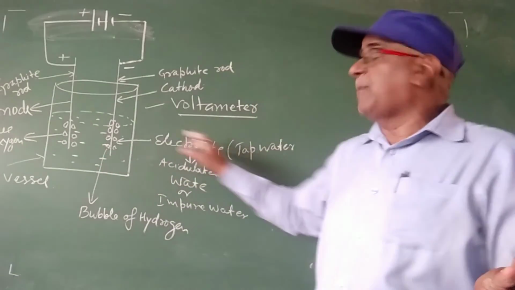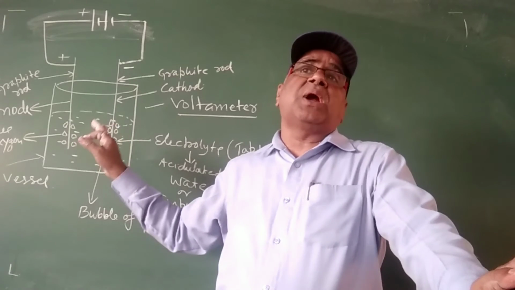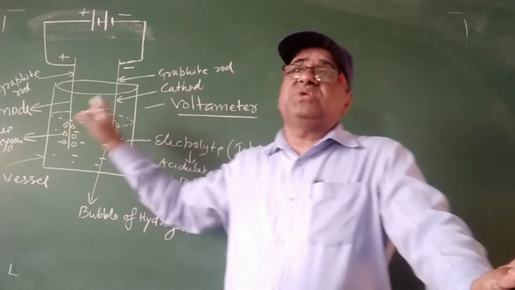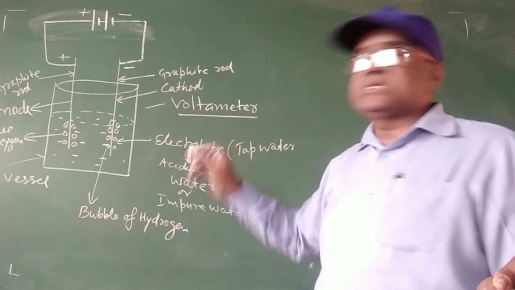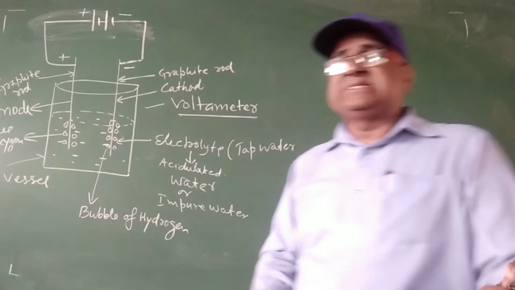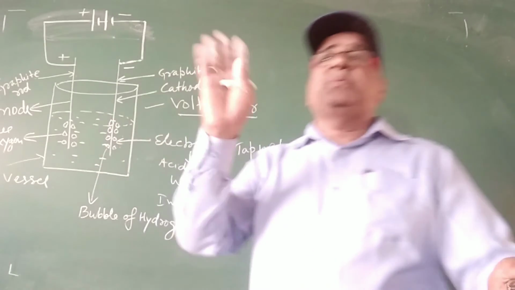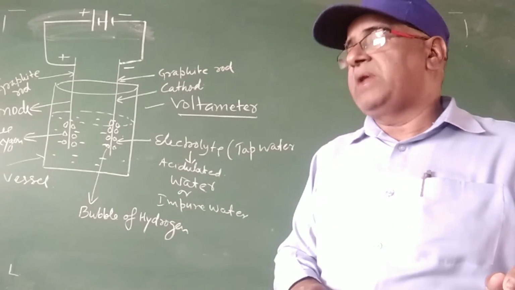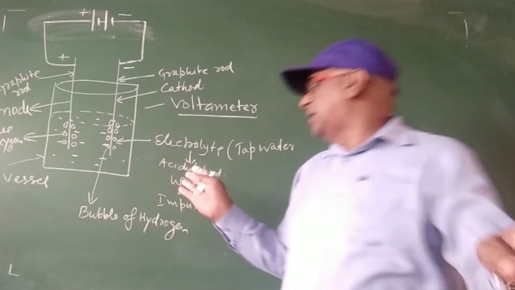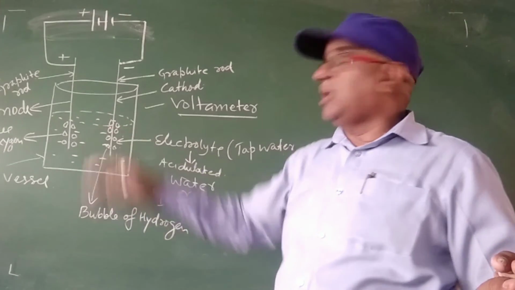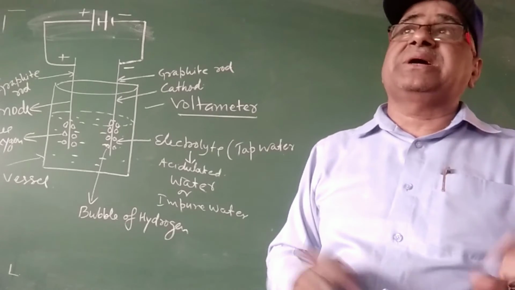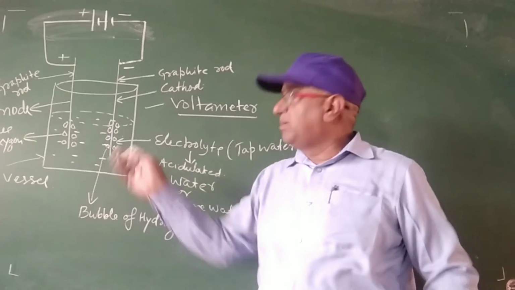Either it is tap water, impure water, which has impurities, or you can take water adding some drops of hydrochloric acid or sulfuric acid. So the conductivity of electrolyte depends on the concentration of the mixtures.